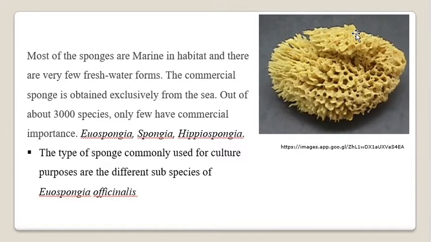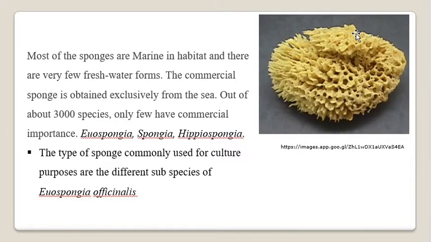There are about 18 species of sponges which have been reared on a commercial basis, and these belong to the genera Euspongia, Spongia, and Hippiospongia. These are the three main genera being cultured commercially in the sea.